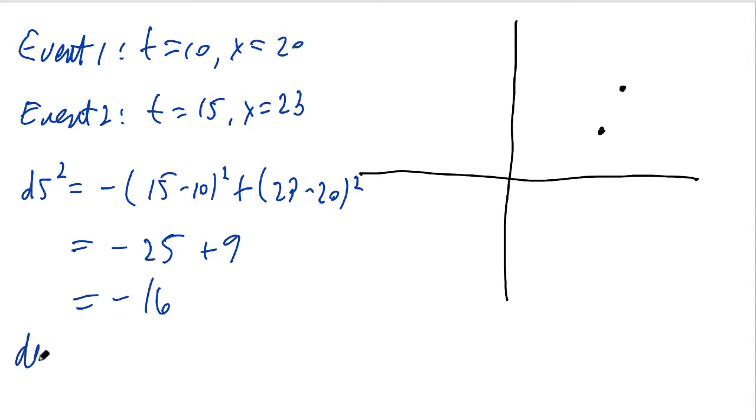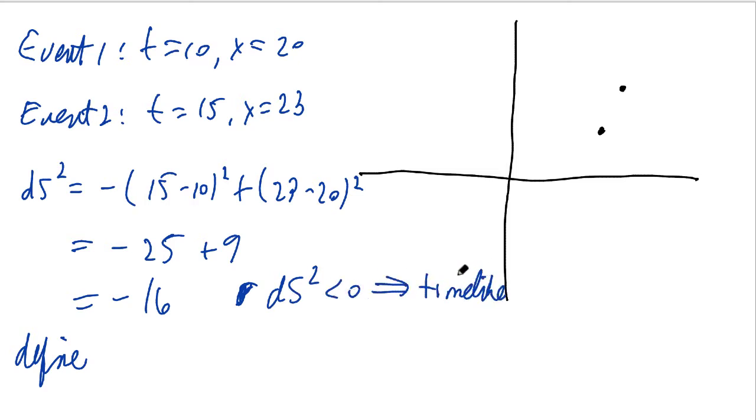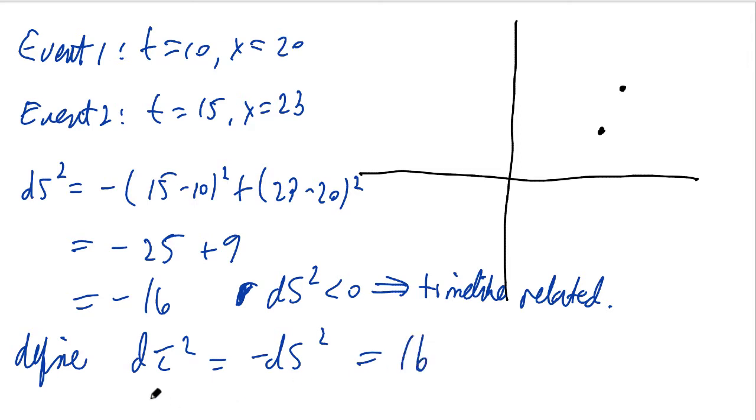So in this case, the events are time-like related. So we define d tau squared to be minus ds squared. Okay, so that would be 16, and d tau is the square root of 16, which is 4.